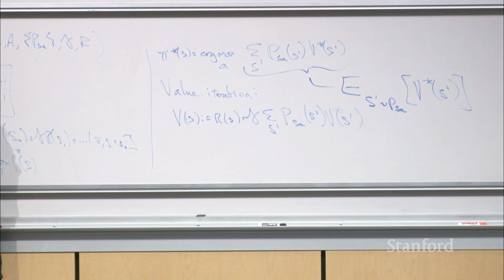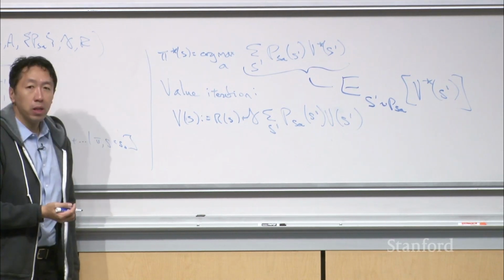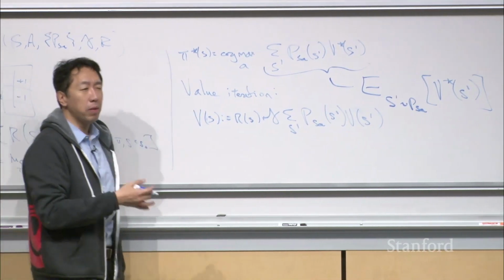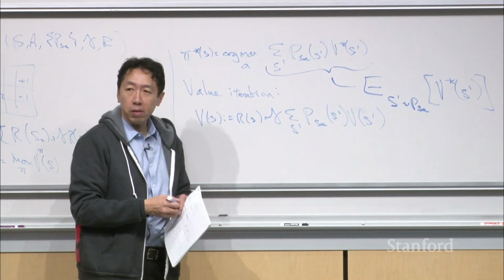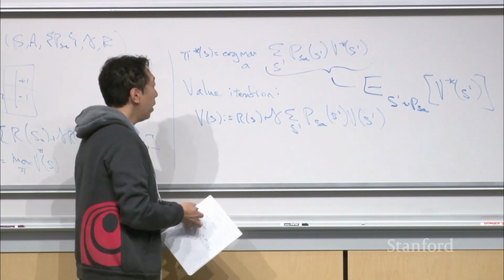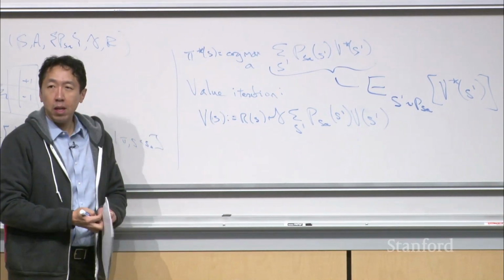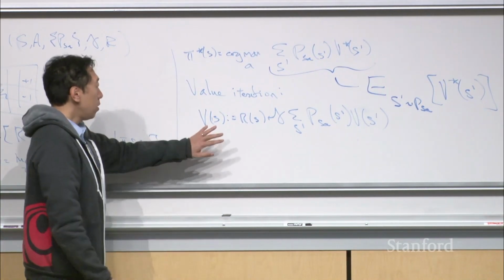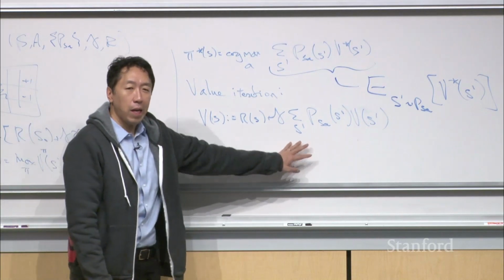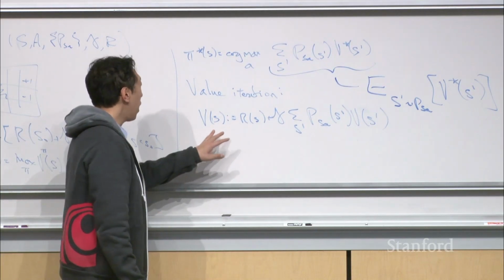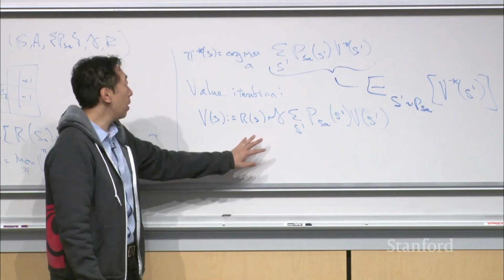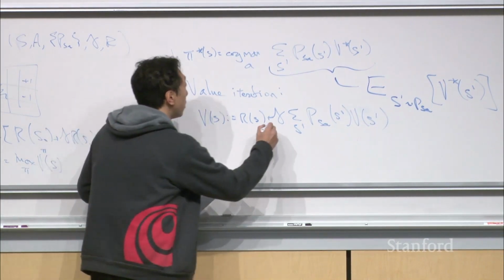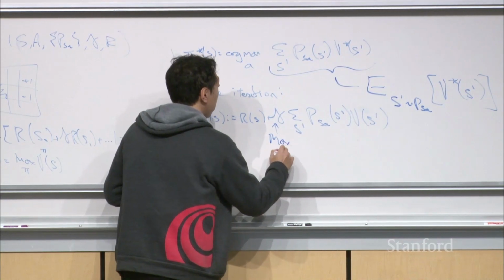And then we saw the value iteration algorithm. We talked about value iteration and policy iteration, but today we'll build on value iteration. The value iteration algorithm uses Bellman's equations, which says take the left-hand side and set it to the right-hand side. I'm sorry, it's missing a max there.